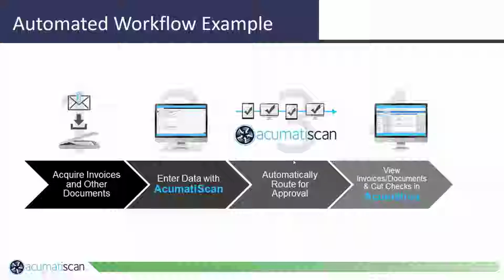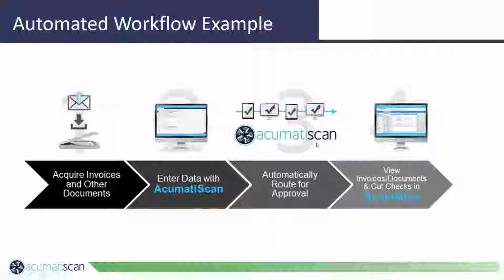Ultimately, all of the information and the approvals end up back in Acumatica. So basically, if I were to go through as an approver and make any changes to a particular invoice, those changes get sent back to Acumatica immediately.